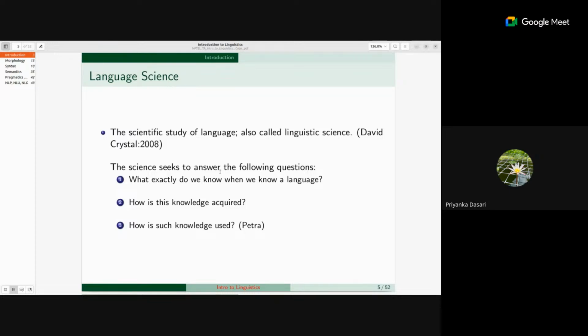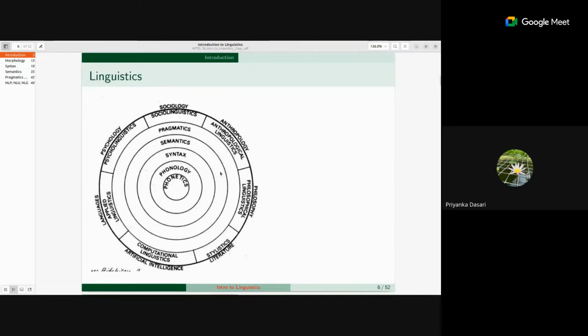How is this knowledge acquired and how is such knowledge used? This all deals with the scientific study of language. The levels of linguistic analysis are phonetics, phonology, syntax, semantics, and pragmatics.